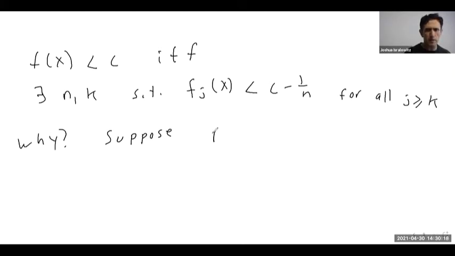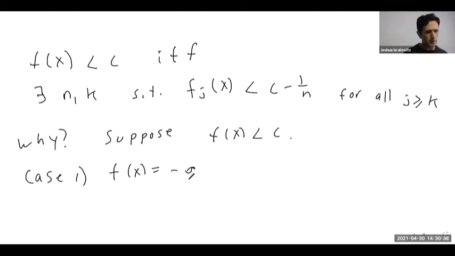Now, let's suppose f of x is less than c. So let's look at two cases. Let's look at f of x is minus infinity. There's no case f of x is positive infinity, because we're assuming f of x is less than a real number c, so it can't be positive infinity.